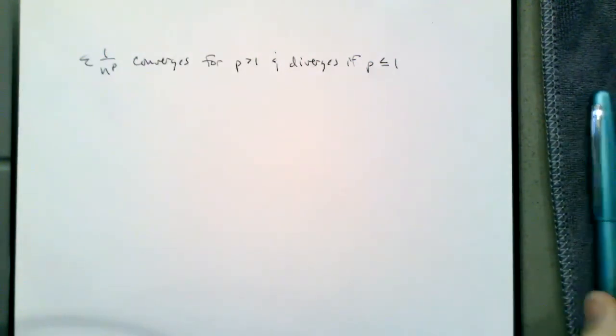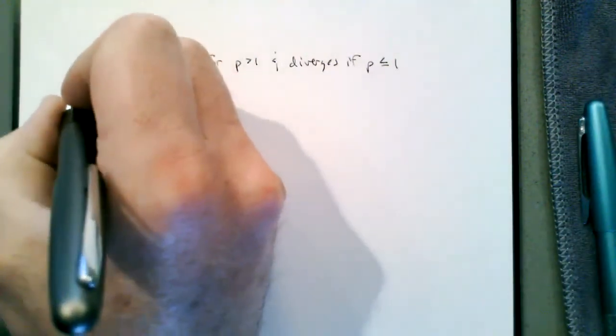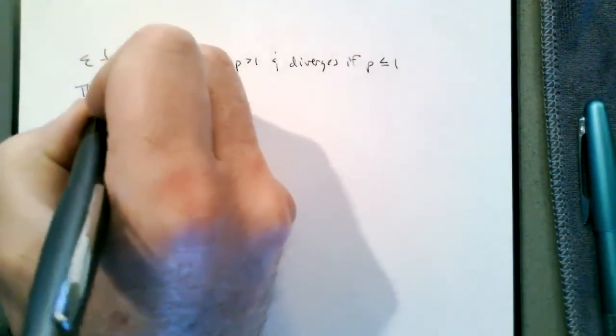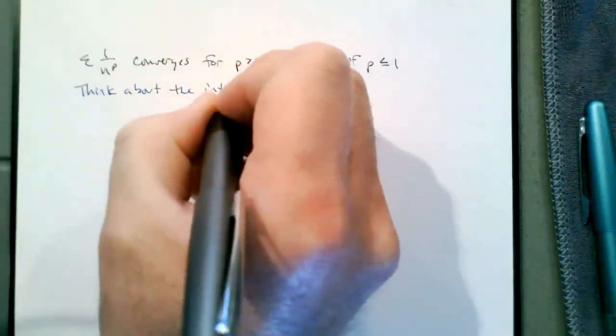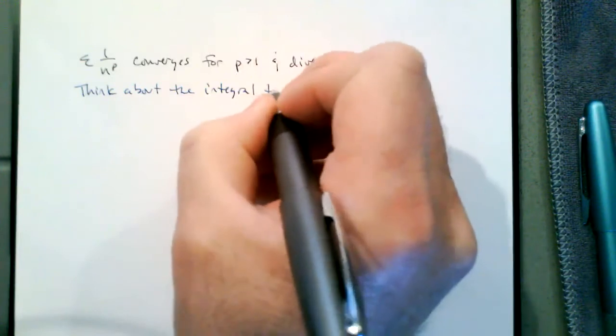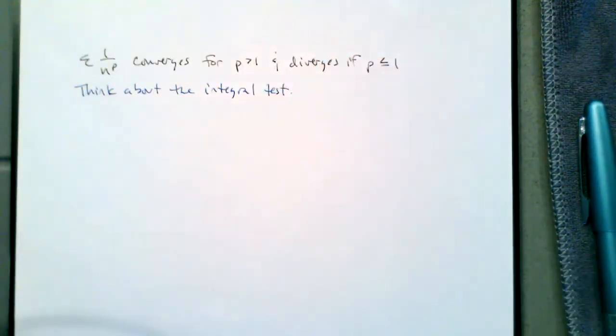Thank you. This is one of the ones that we don't have. This one we could justify with the integral test, but it's common enough that we should just know it. So think about the integral test to get us the p series.